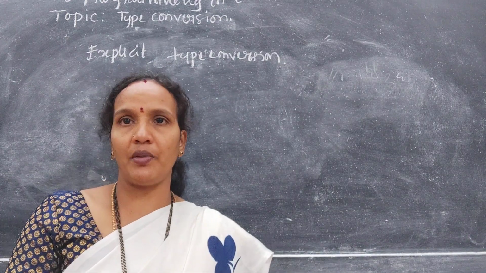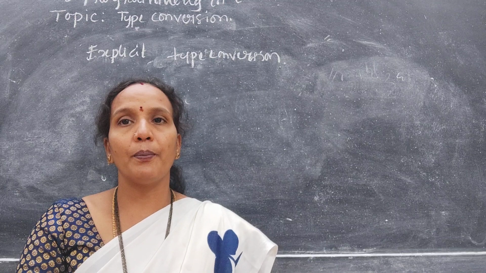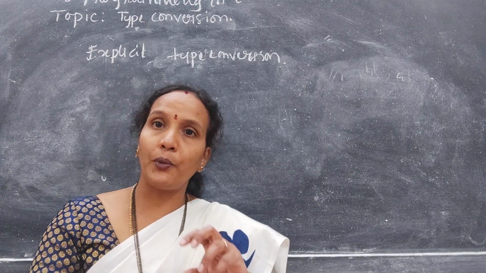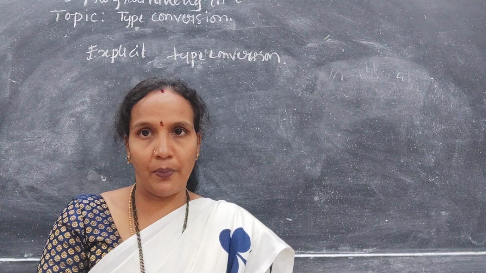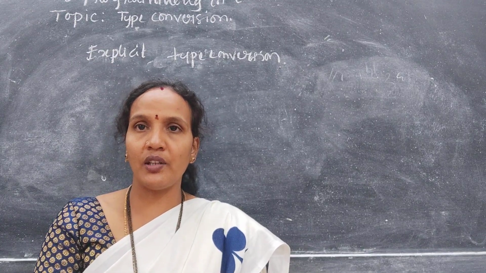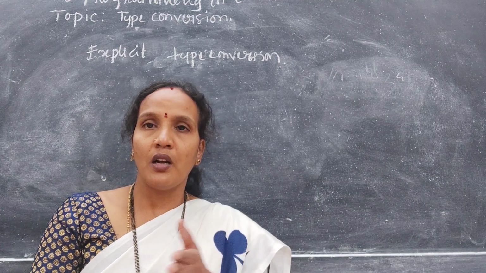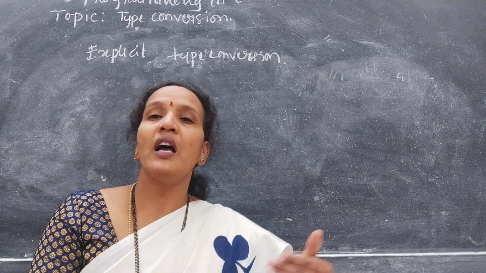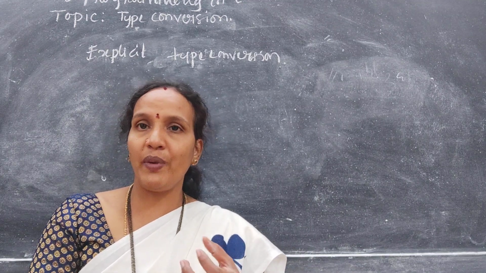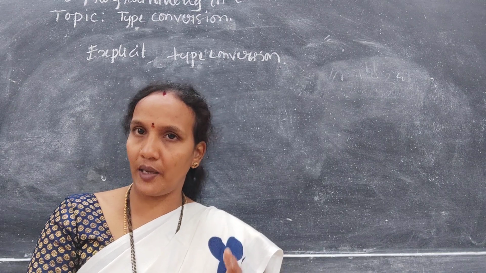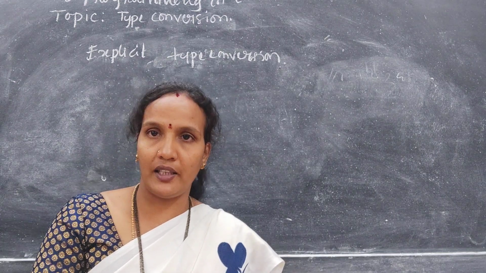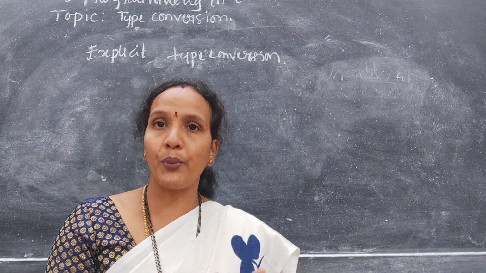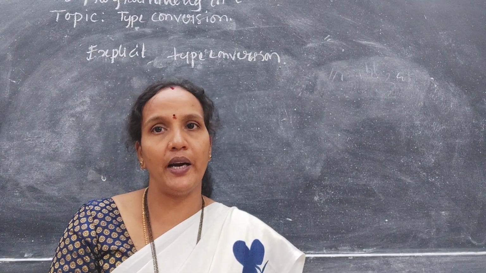But explicit type conversion is done by the programmer. Means in this type of conversion, the programmer will specify what data type should be converted into what other data type, based on the user requirement. Whatever instructions are there, those instructions are given by the programmer, not by the compiler.